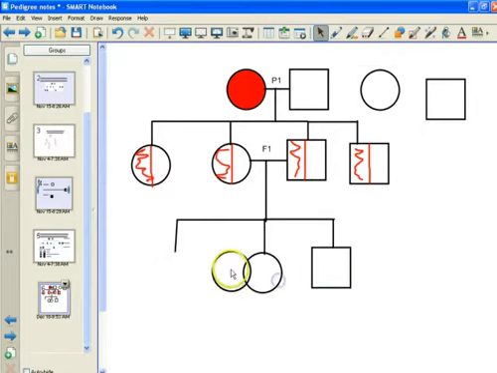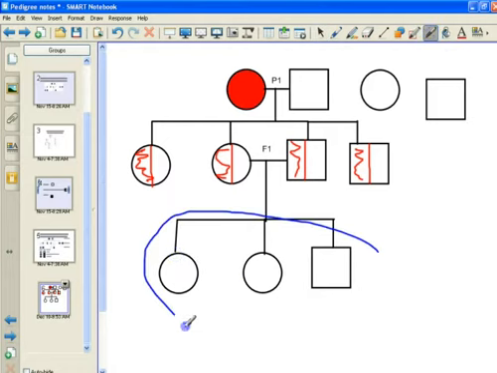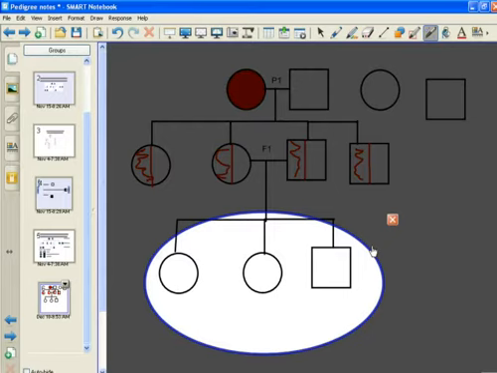What we're trying to figure out is, what are these guys going to look like? Are they going to be red-eyed? Are they going to be brown-eyed? Are they going to be a mix? Are they going to be a blend of red and brown? So that's what your prediction should be.